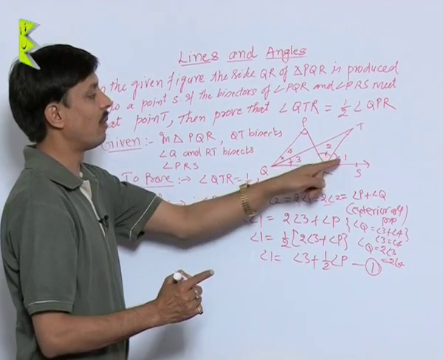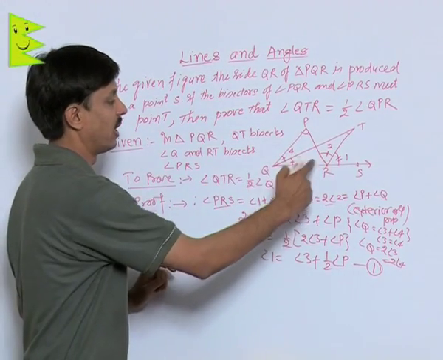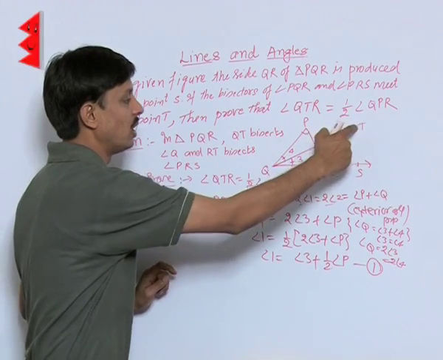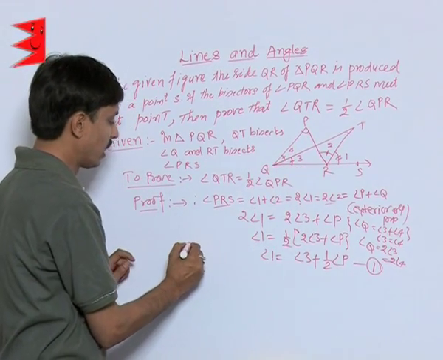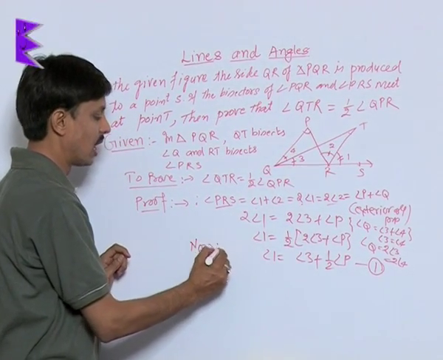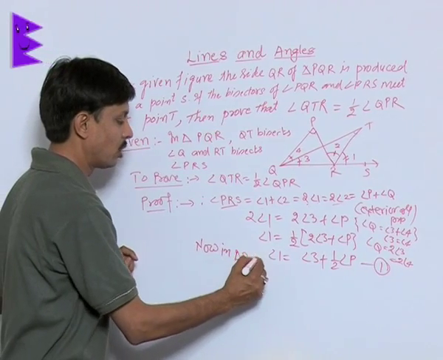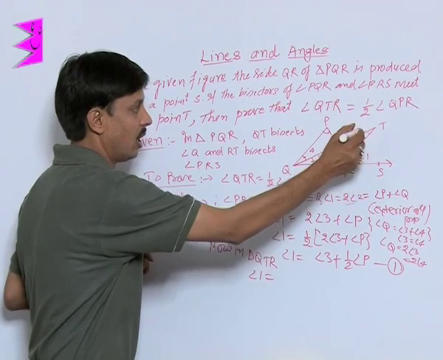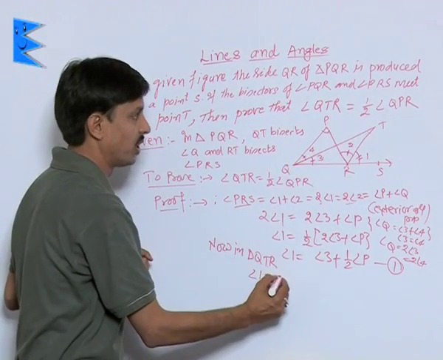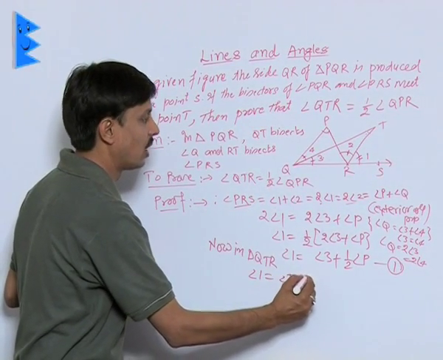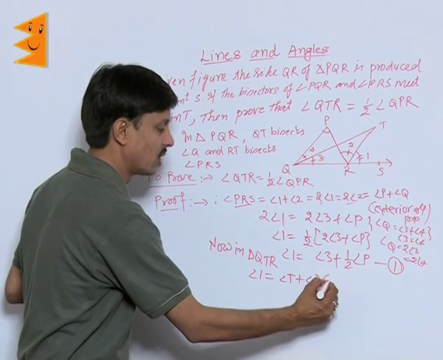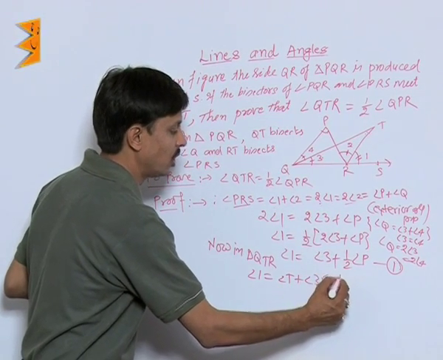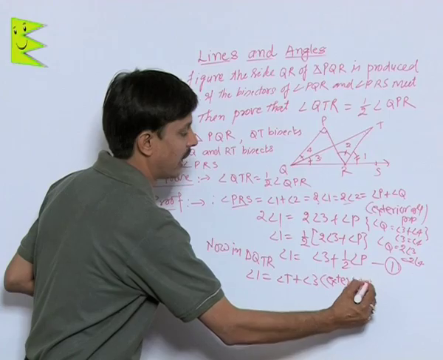Now if I tell you about angle 1 only in triangle QTR. In triangle QTR, angle 1 is an exterior angle, equal to the sum of the two opposite interiors, that is angle T plus angle 3. Reason: exterior angle property.